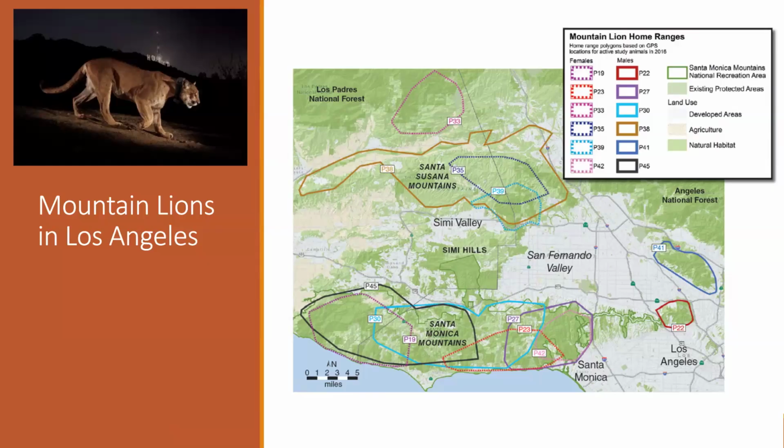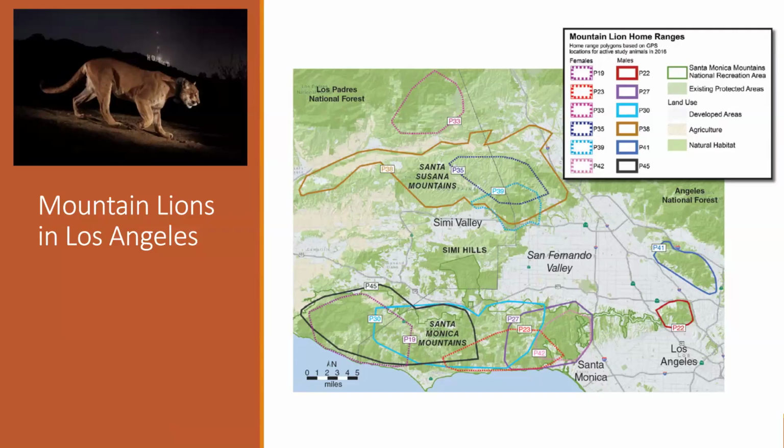There's a scale across the bottom there. You can use it to see that territories are from 5 to 20 or even larger miles across. The males have larger territories than the females in general, and that most of them don't overlap, but the males' territories often include more than one female's.